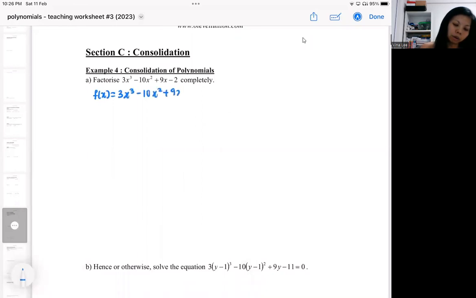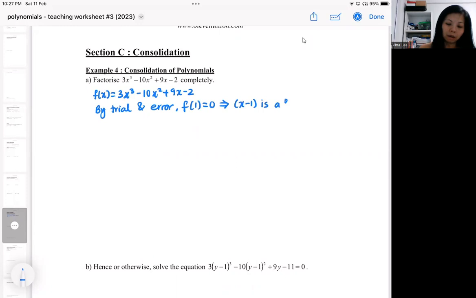You do your own trial and error to find a factor, or punch your calculator to find a factor, followed by long division. Ensure that your long division ends up with a remainder of 0.